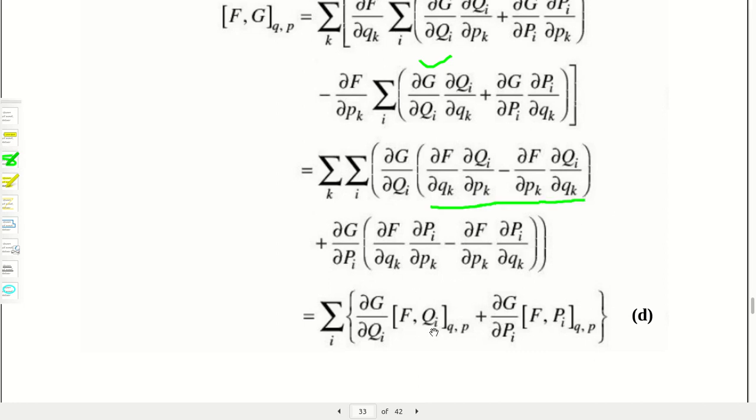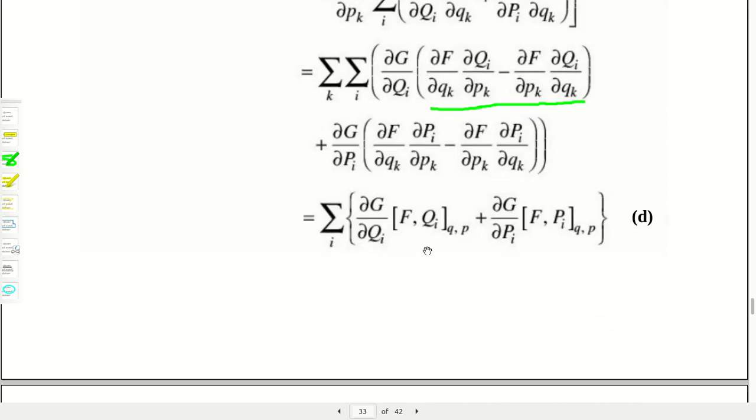This is nothing but the Poisson bracket of f comma Q_i in the old coordinates. Similarly, this is the Poisson bracket of f comma P_i. So we have to find these brackets independently and put the formula here.